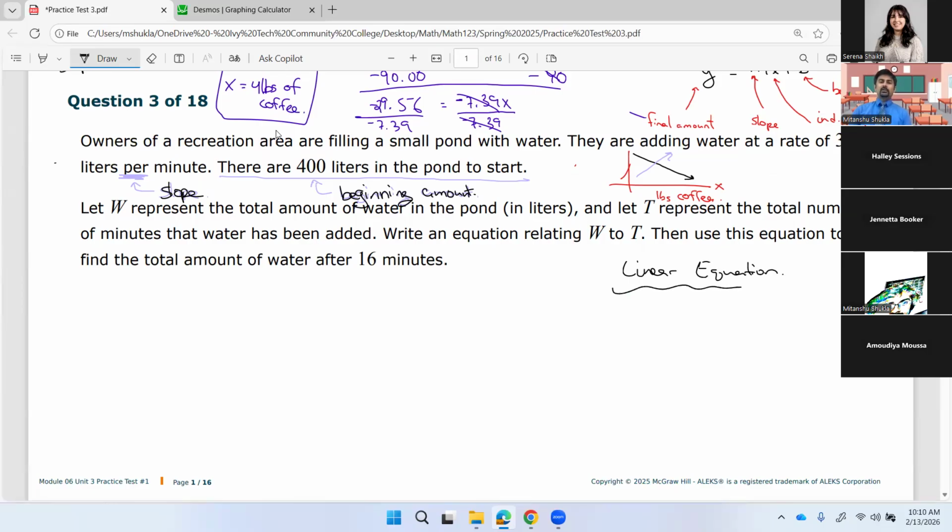And every linear equation always looks like some form of y is equal to mx plus b, where y is, let's elaborate, it's not just a final amount, but this is also something that's going to be called your dependent variable.